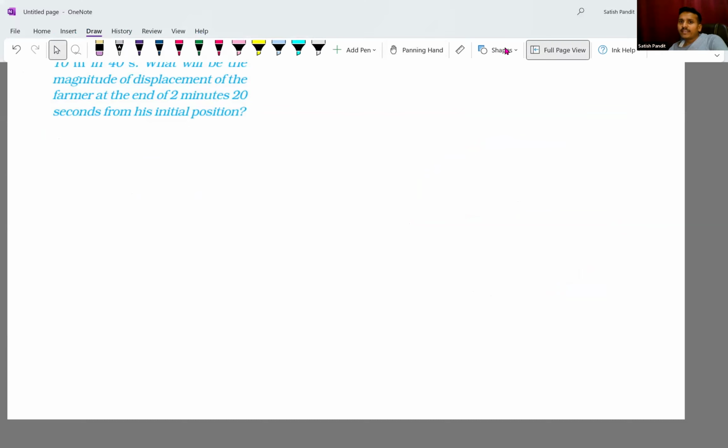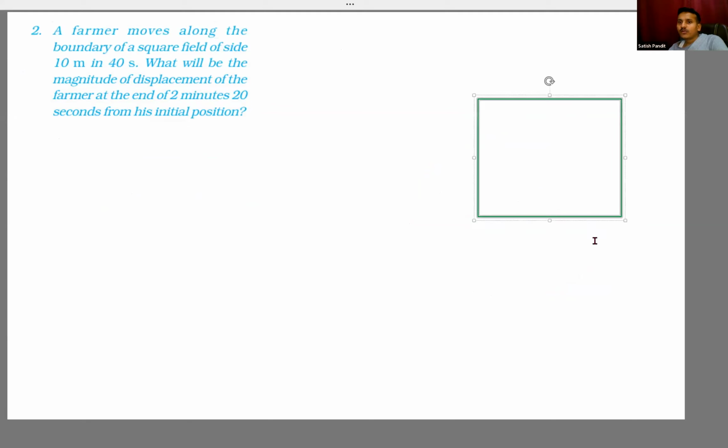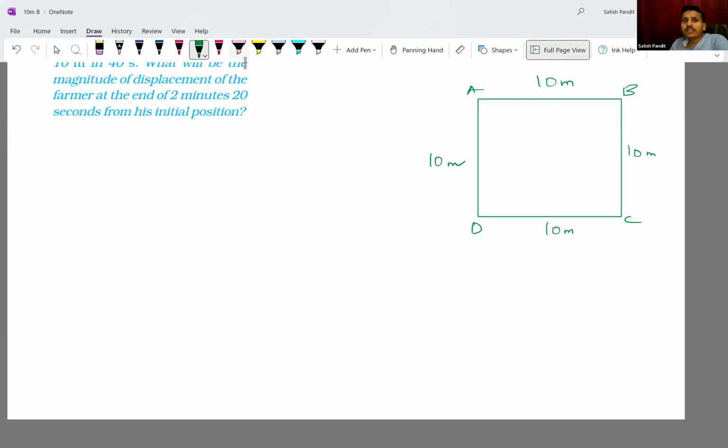So there is a square field. I'll name it as ABCD. You can start ABCD from anywhere. There's no rule that you have to start from here or here. So I have a square field of side 10 meter, which means every side is 10 only.